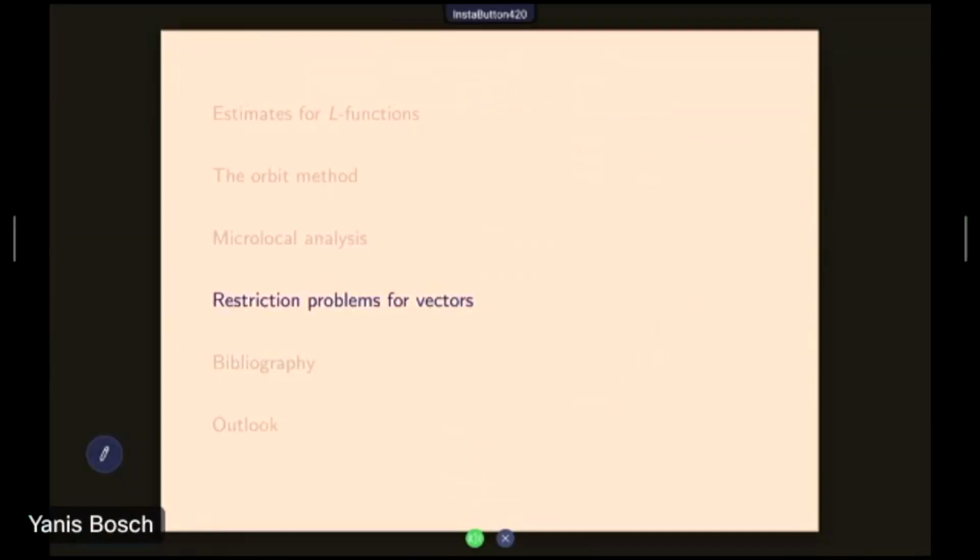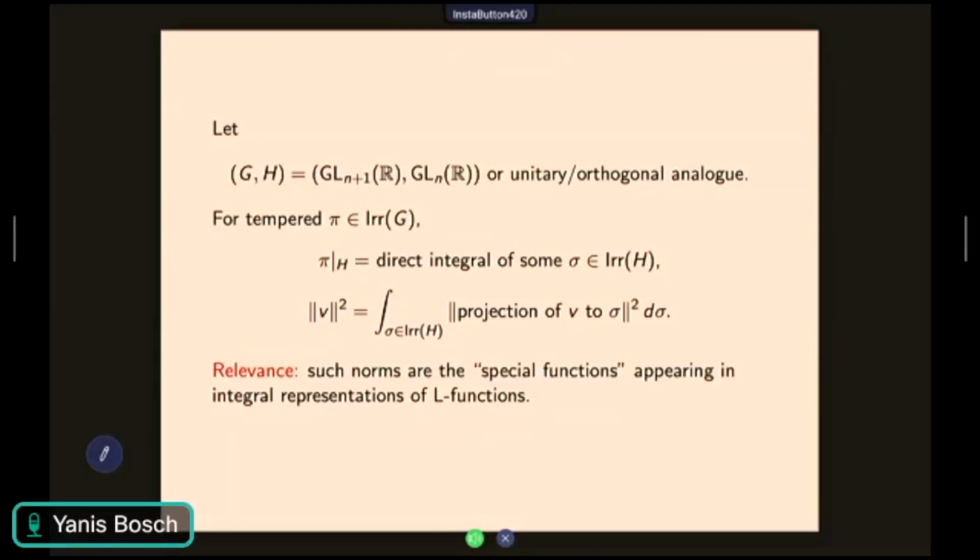And what kind of thing would you actually want to do with these localized vectors that we can construct in this way? So one thing you might want to do is study restriction problems for representations. So if you take, for instance, the group GL_{n+1} and the group GL_n, so H being a subgroup of G, this is an example of what's called a strong Gelfand pair, which means that it behaves very nicely when you restrict representations from the big group to the small group.